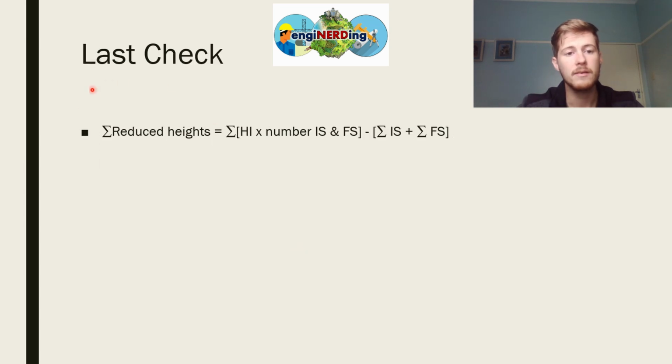And then for our last check we have this big calculation. This is all our reduced heights minus the first one. You don't include the very first one. It should equal the sum of each height of instrument times the number of IS or FS in that station, minus your total intermediate sights plus your foresights.